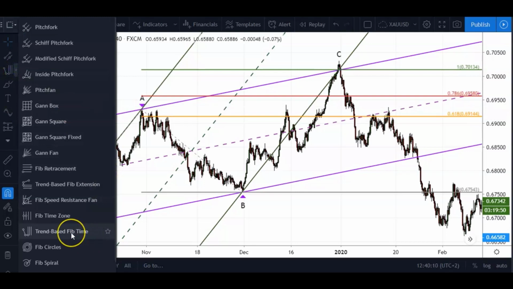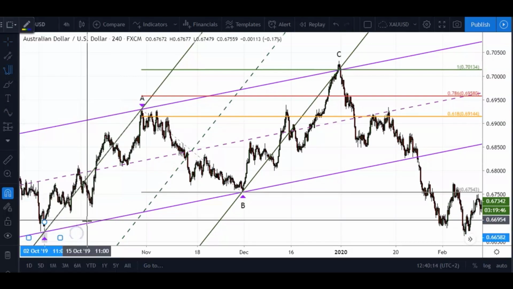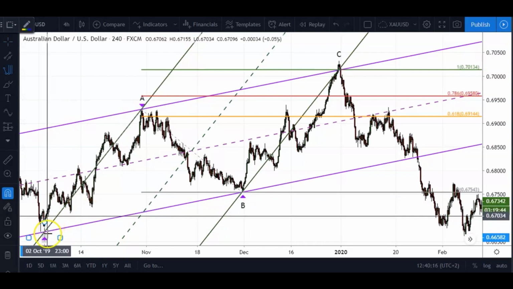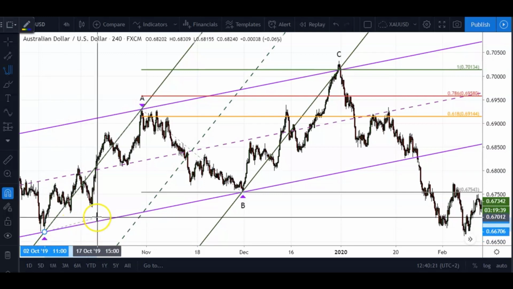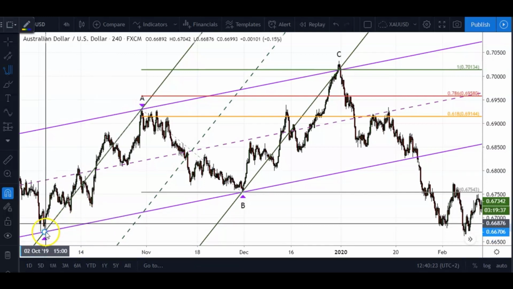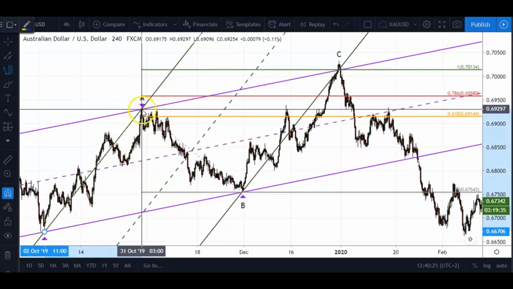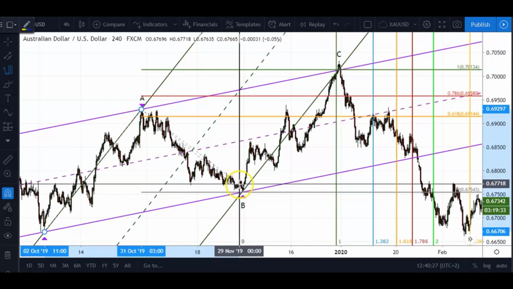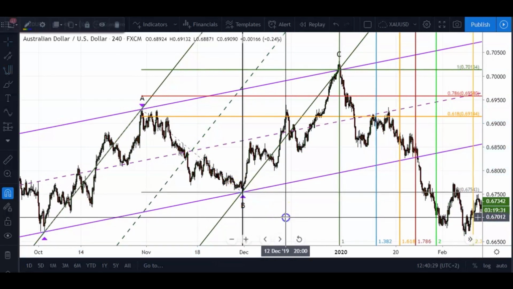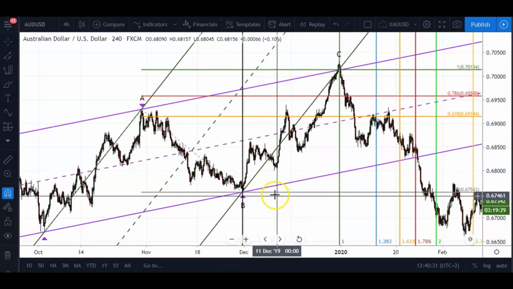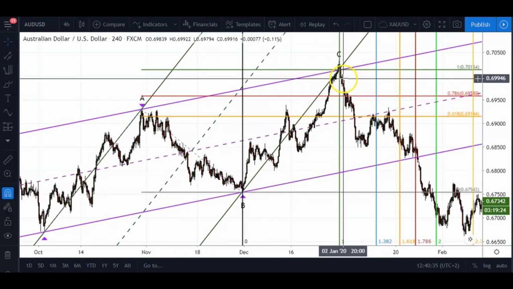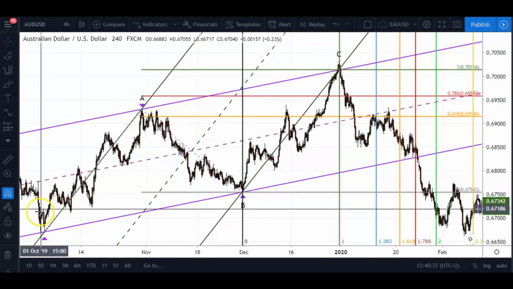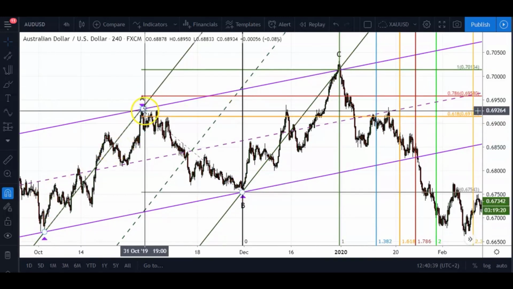If we use what they call on TradingView trend-based fib extensions, and I'll explain that a little bit later after this example, and you use the time that this first wave up took, from this low where it started to that high over there, and you extend that to this higher low over here, then you'll see that this B or C wave took exactly the same time as this low to this high would have taken.